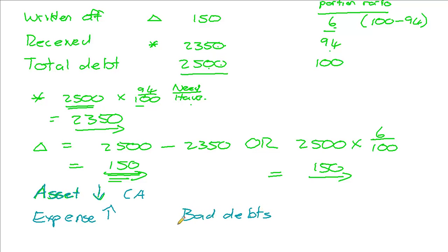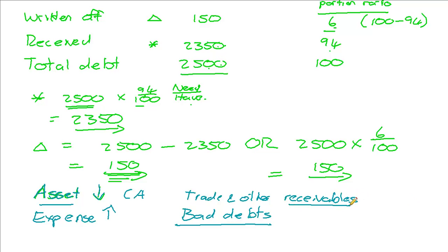So that's the line item that we're going to use for expenses. The line item that we're going to use for the asset is called trade and other receivables. Okay, remember receivables and debtors are pretty much the same thing.